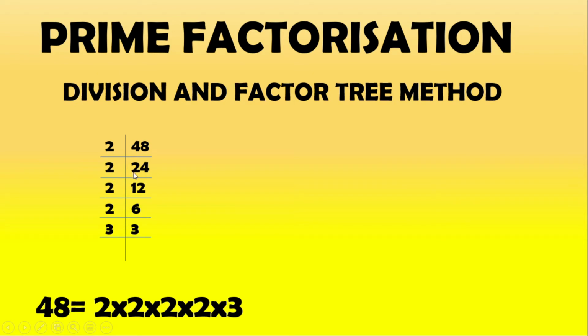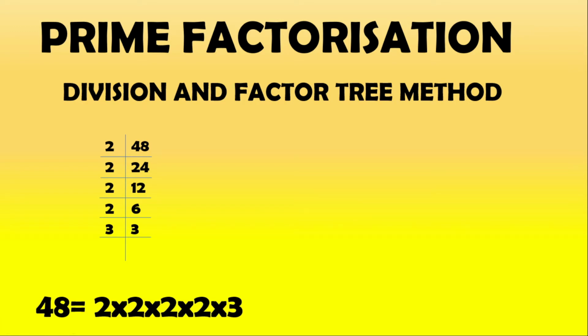Now we want to divide 24, so let us check with the lowest prime number again. 2 is possible, so let's move with 2 again. When we divide 24 by 2, we get 12. Now let us check 12 with 2 also, because it's the lowest prime number. 2 divides 12, so let us write that down. We get the answer 6.